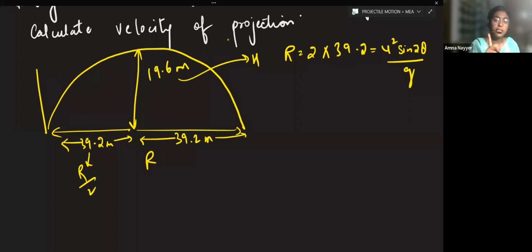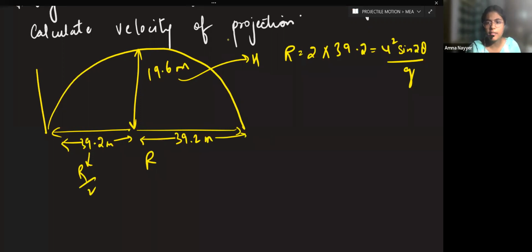Here two variables are there: u is unknown and theta is also unknown. The rest we are aware of: H we know, R we know, acceleration due to gravity we know. Since theta is unknown, we are not able to calculate u. Otherwise, calculating u would not be difficult, we would have used the formula. The difficulty arises because the angle is not given.